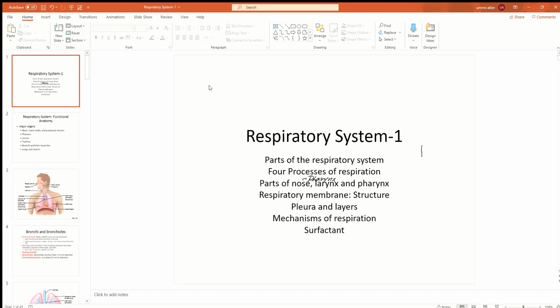The trachea divides into 2 branches. So the lower end of the trachea divides into 2 branches, and these 2 are called the primary or main bronchus.